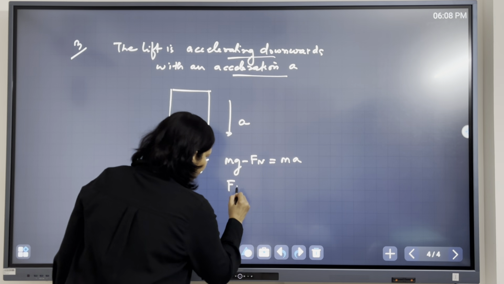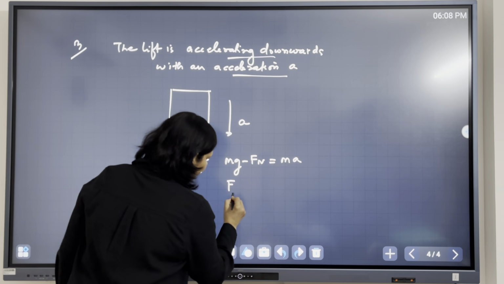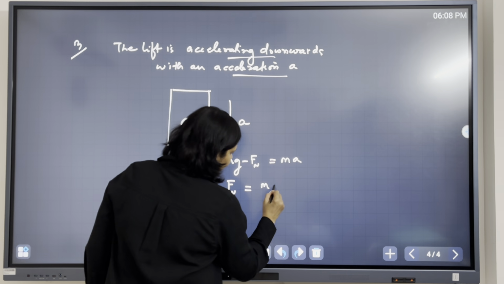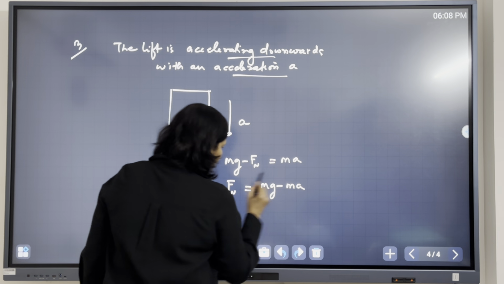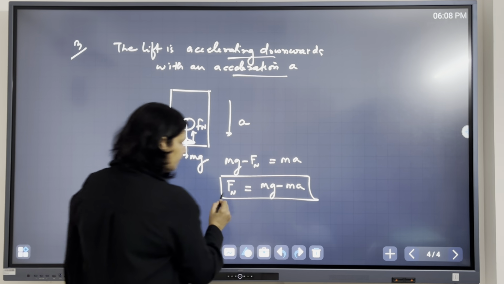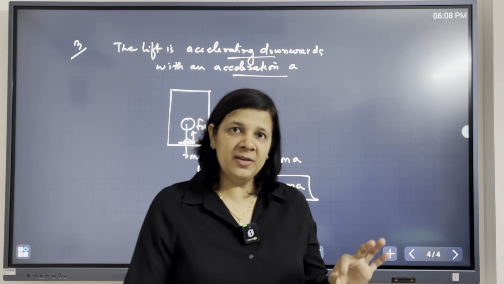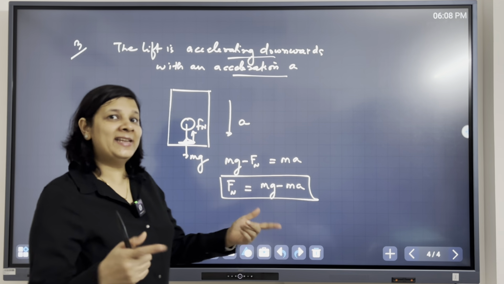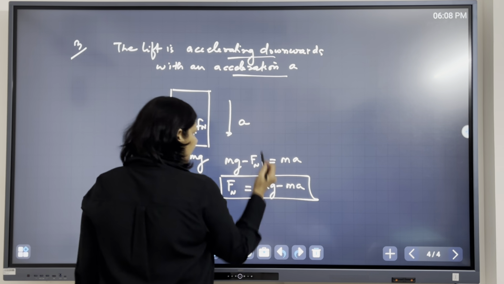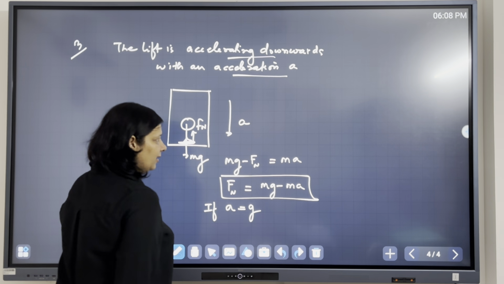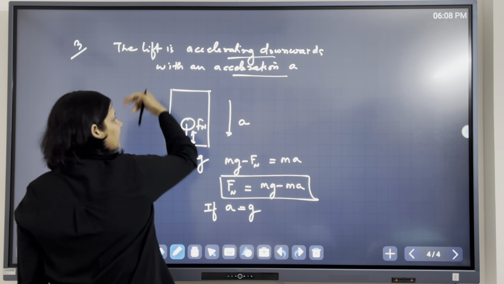So normal force will be equal to mg minus ma. The normal force will decrease and the apparent weight will be less, the weighing machine will read less. Let us take the extreme condition. If a is equal to g, then it means you have cut the rope.